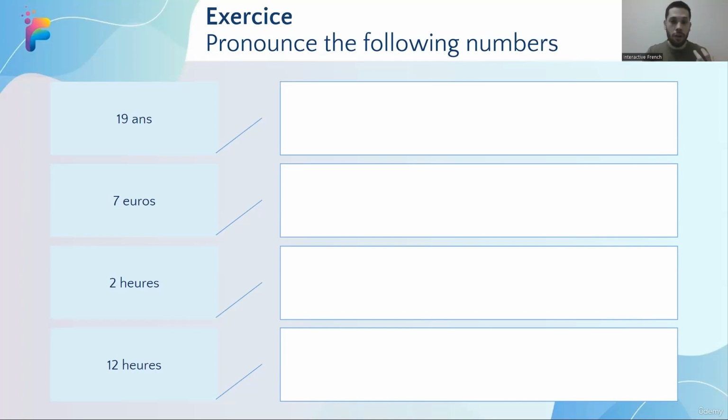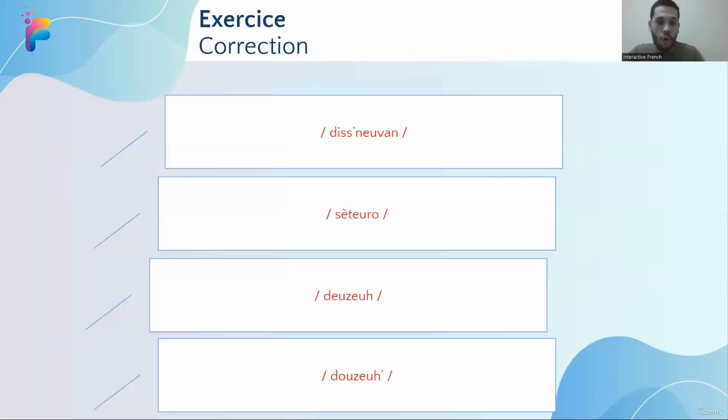Okay, let's try to correct that. So now we've got 19 ans. Yes, 19 ans. The next one is 7 euros. Yes, 7 euros, right?